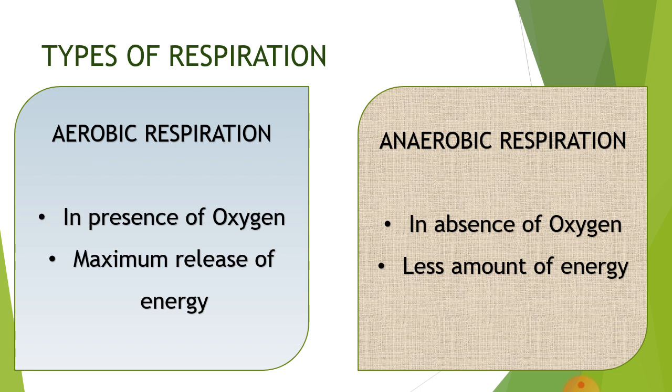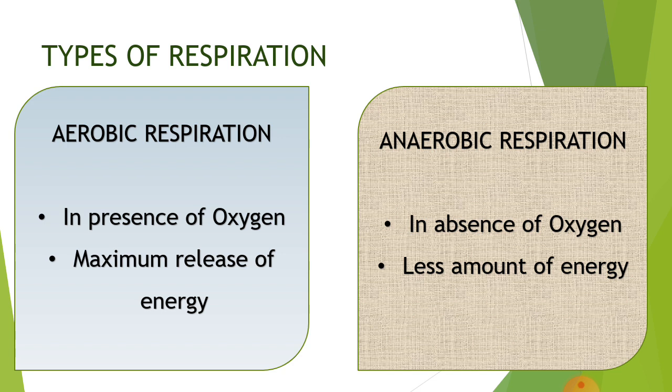There are two types of respiration: aerobic respiration and anaerobic respiration. Aerobic means with air, with oxygen, and anaerobic means no air, no oxygen. Aerobic respiration takes place in the presence of oxygen. In this process, maximum release of energy occurs.